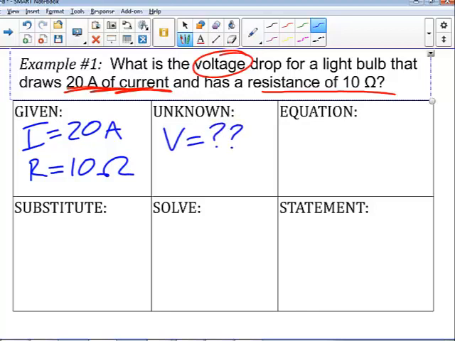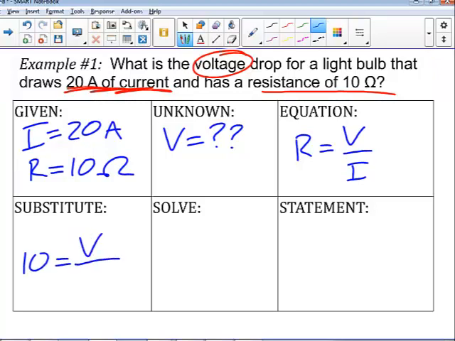The equation we're going to use that has current, voltage, and resistance is R is equal to V over I. Now we can plug those numbers in. 10 is equal to voltage over 20. Now at this point we want to solve for voltage. So we need to get rid of this 20 right here. So we're going to multiply this side by 20. If we multiply the right side by 20, we have to multiply the left side by 20.